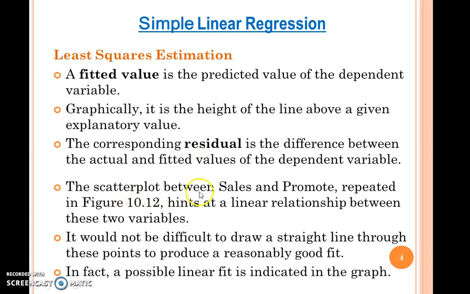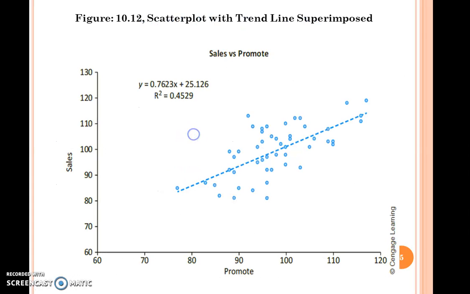The scatter plot between sales and promotion, repeated in figure 10.2, is given in the next slide. It hints at a linear relationship between these two variables. It would not be difficult to draw a straight line through these points to produce a reasonably good fit. In fact, a possible linear fit is indicated in the graph.